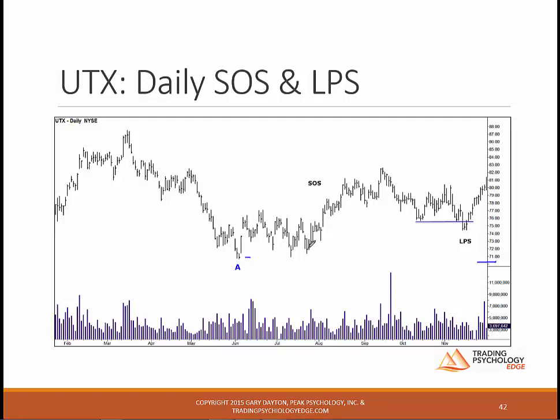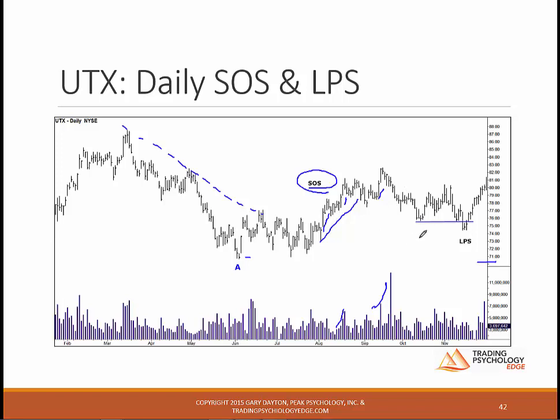We have broken any downtrend lines that exist here. We've rallied up now. We start to see demand coming in, or the volume coming in on the demand pretty nicely in here. So we have a sign of strength. And then the market kind of meanders along for quite some time.